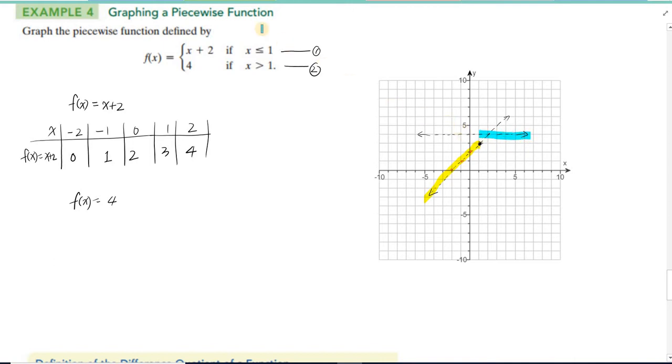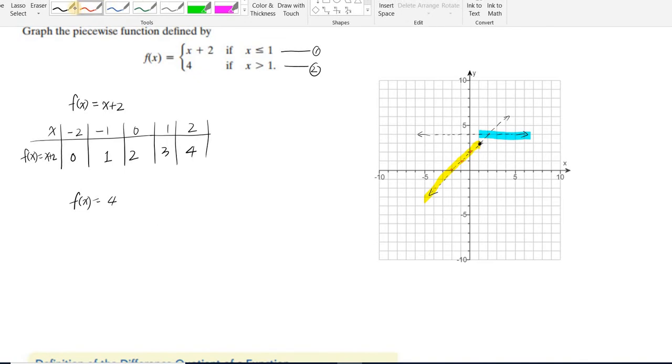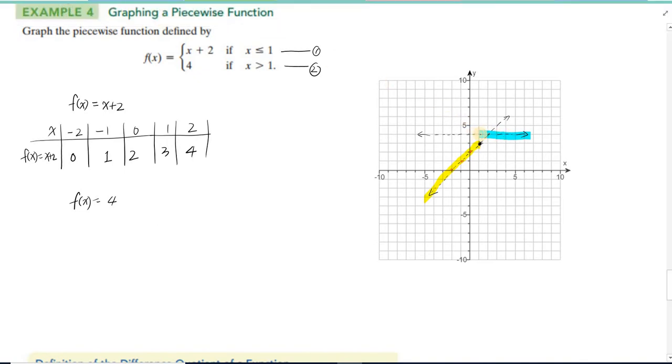Because it's greater, we're going to have an open circle in this case. Then we're going to complete this line. Obviously it's not perfect, but that is our final answer. If you want to erase the rest, that's fine, but for me, that will be good enough.